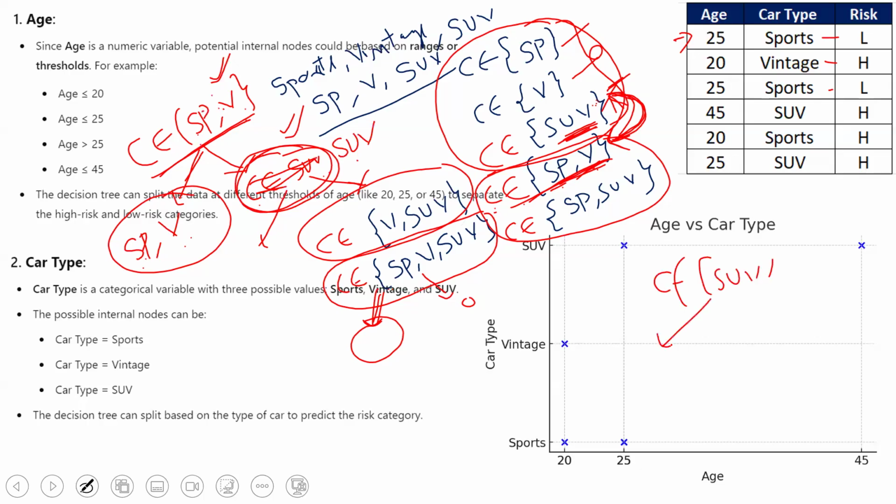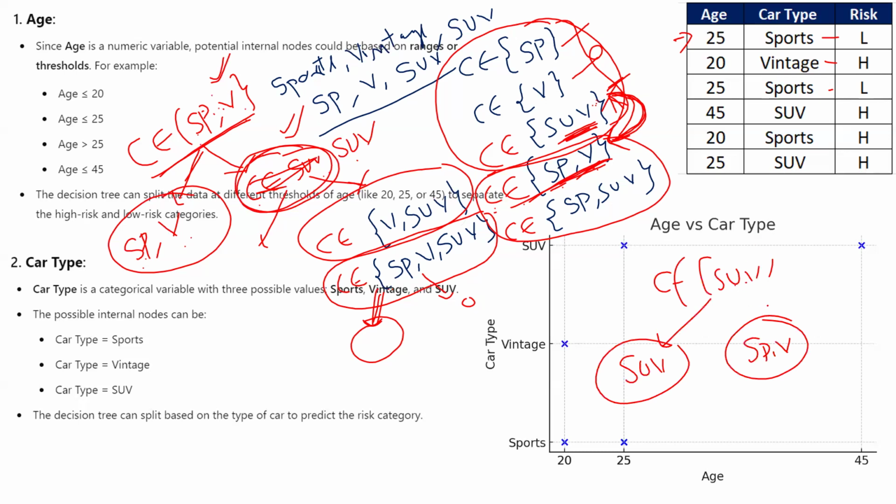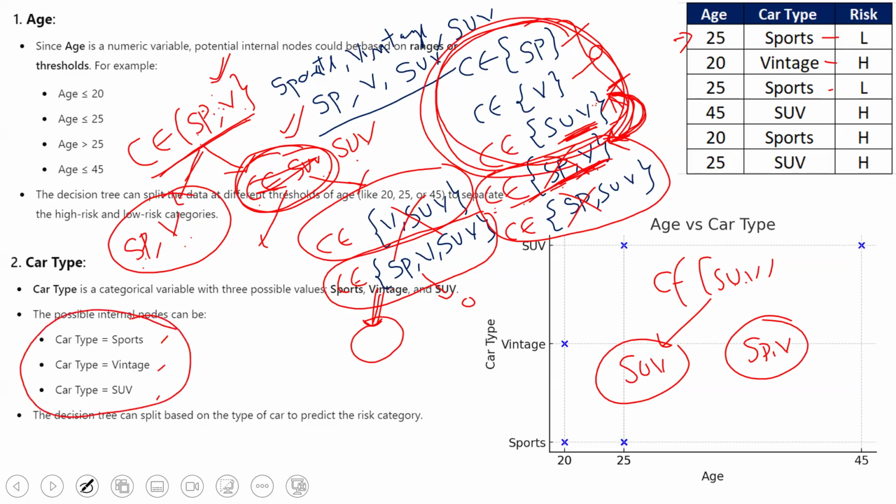This is also doing the same, right? It is bringing SUVs on one side and sports and vintage on the other side. So both of these conditions are doing the same action. That's why I am saying these two are redundant. This becomes redundant, this becomes redundant, this becomes redundant. So only three possible conditions are needed: sports, vintage, and SUV.